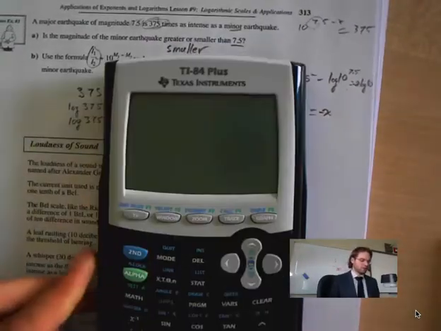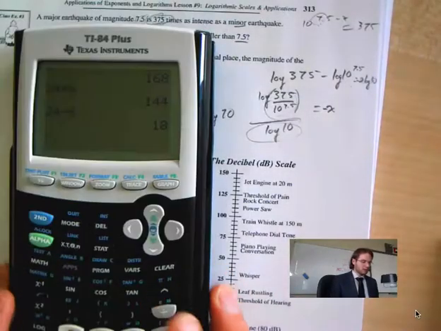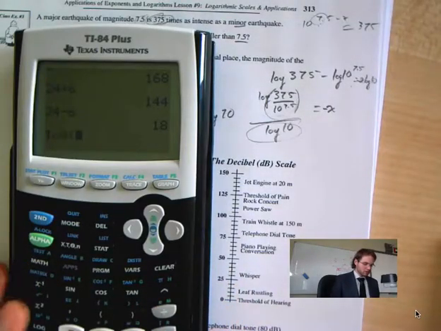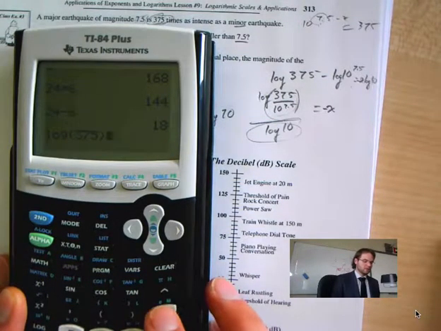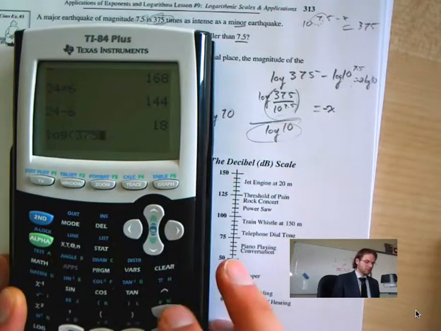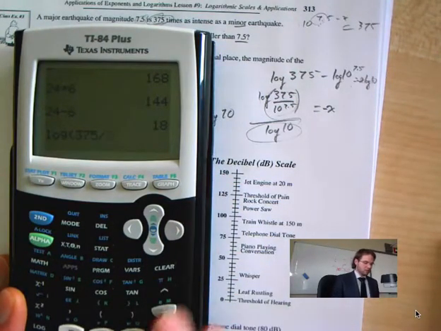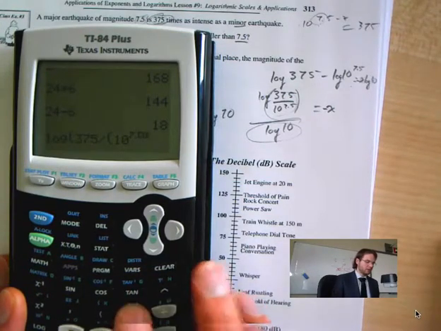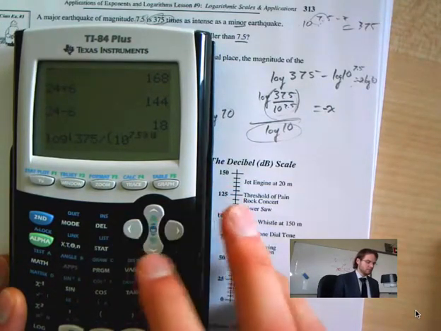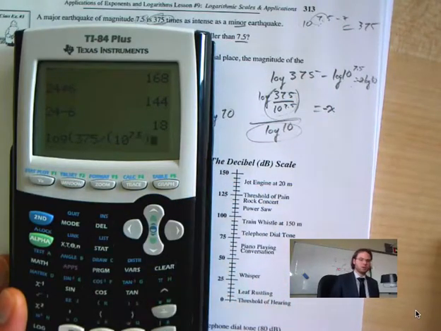So what am I going to end up getting? Let's take a look at this. I'm going to get log 375 divided by, and I'm going to put my brackets, 10 to the power of 7.5, and put my bracket, enter.